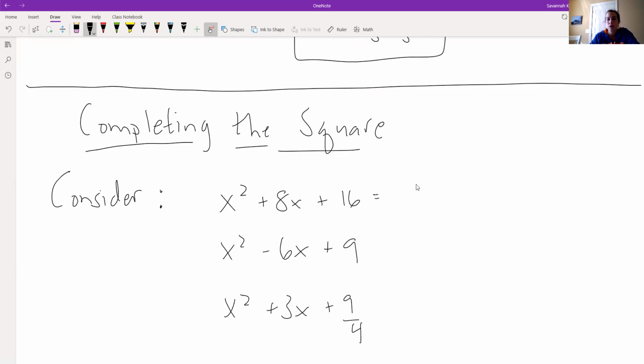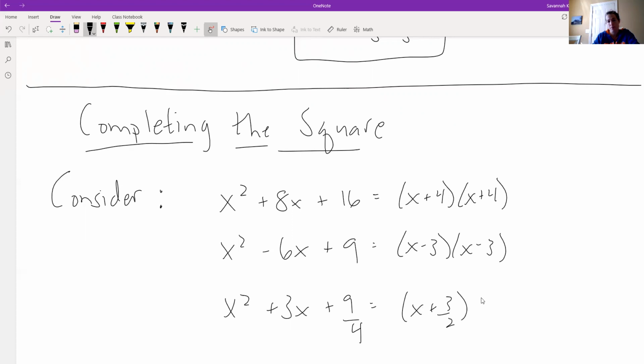If I factor these, notice that I'm going to get matching numbers every single time. And the way that we more commonly write this, or the book more commonly writes this, to avoid writing the same thing twice, is to make use of that second power.